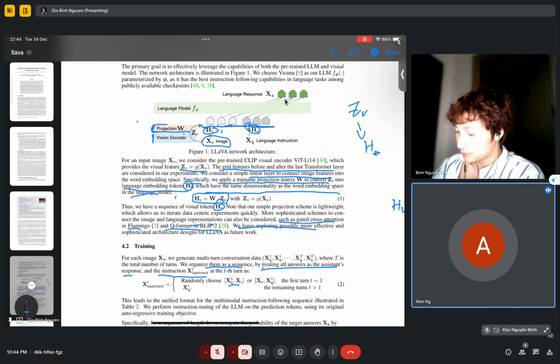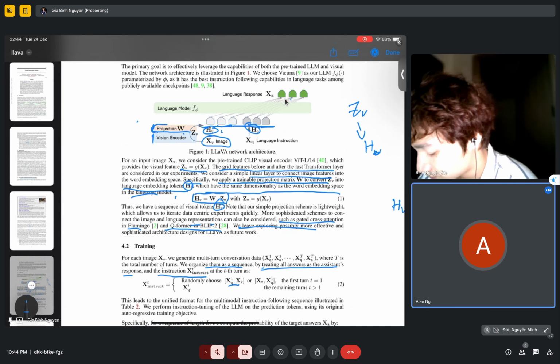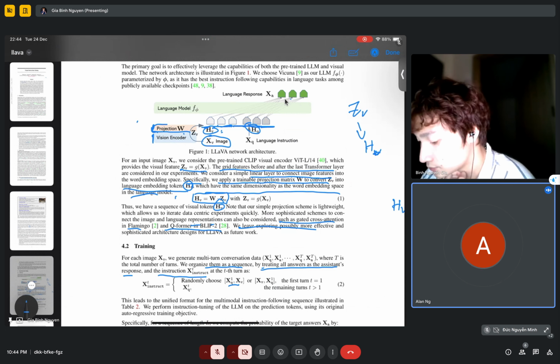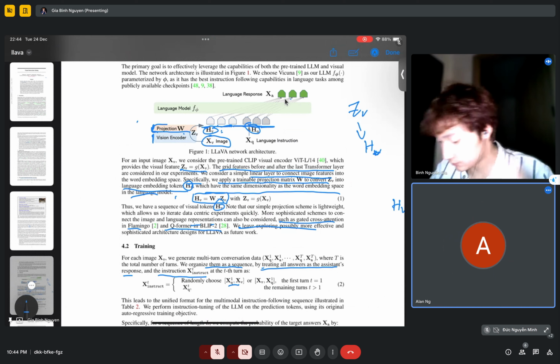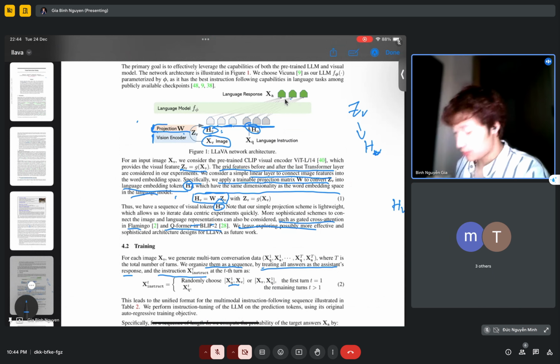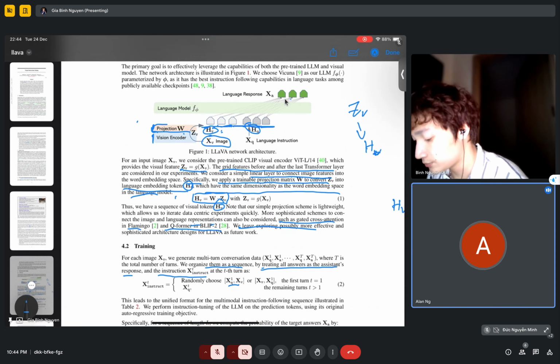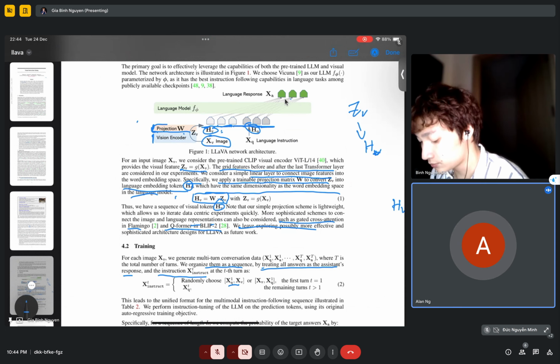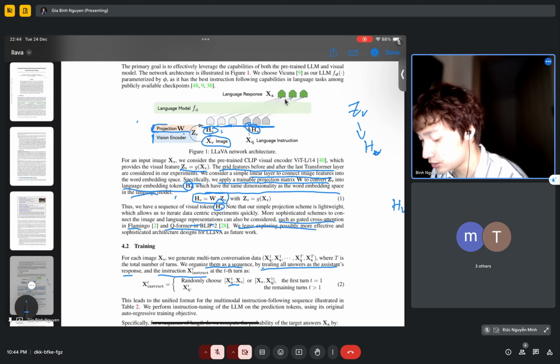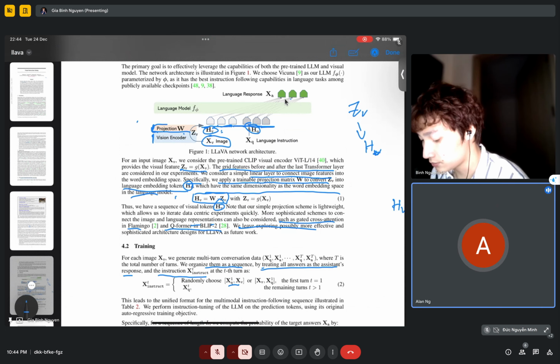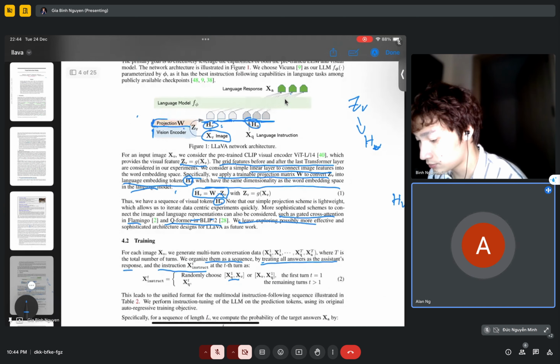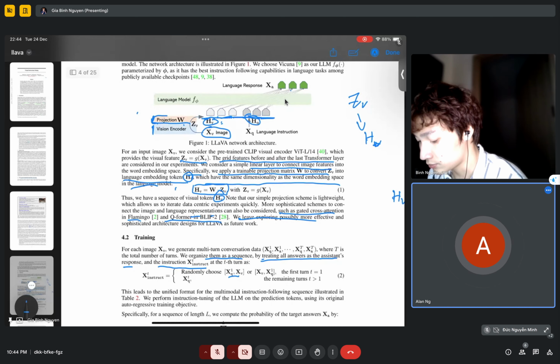Yeah, and about the stop token, explain more where the stop token is. Sorry, can you repeat your question? I was talking about the stop token, to divide between the image and the language part.